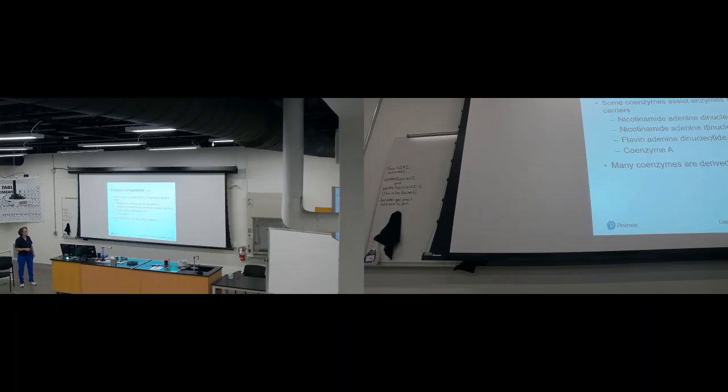Flavin adenine dinucleotide also carries hydrogen ions, and this one actually carries more hydrogen ions. These are the reduced forms of these molecules. And these are sometimes derived from vitamins like vitamin B12, cyanocobalamin.